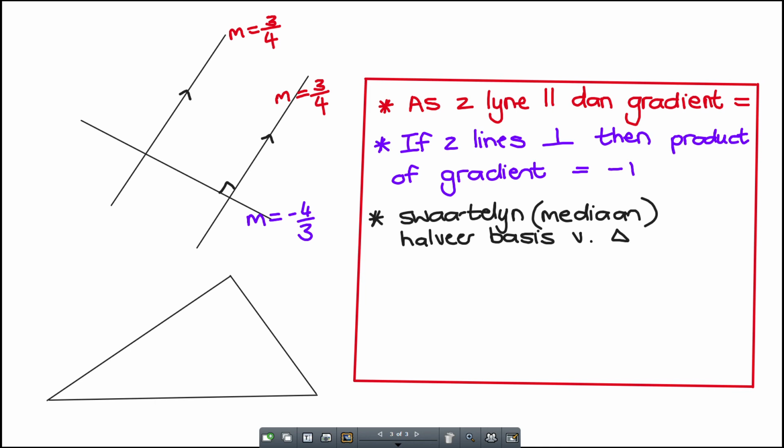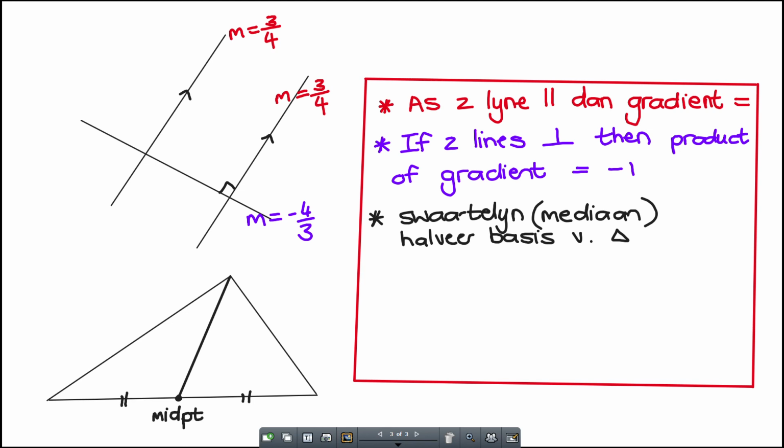So if I draw a little line here, that looks like the half, right? Then I show you, so this is the midpoint. If that is the midpoint, then it means that that line would be the median, the black line.